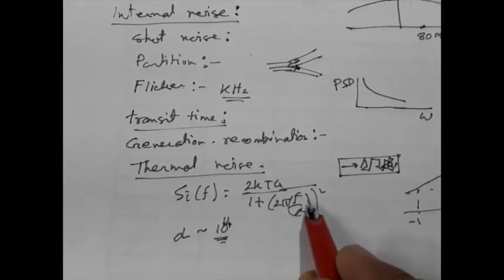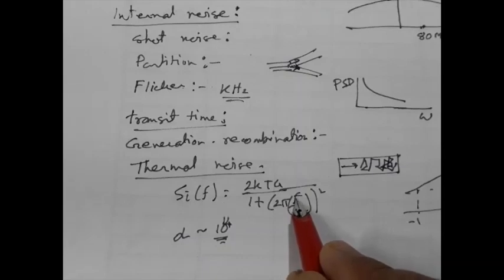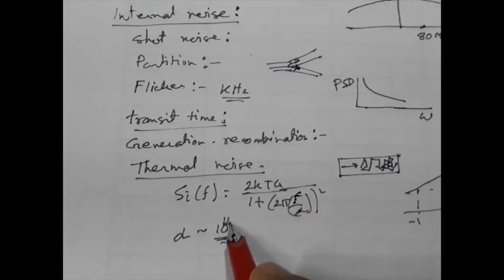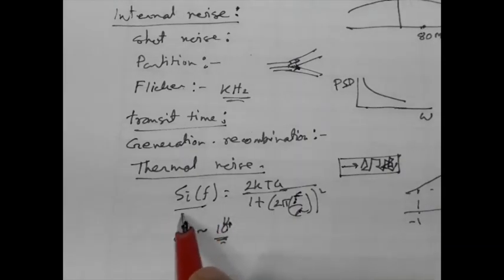So obviously this part is negligibly small, because the frequencies that we are using are generally in the RF range. So f by alpha is very small compared to 1, it is negligible.